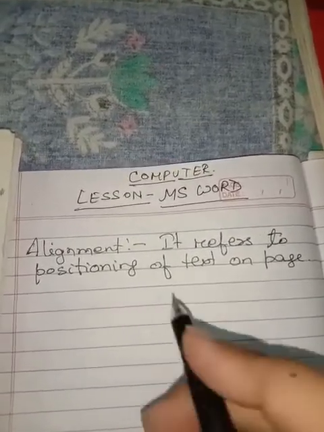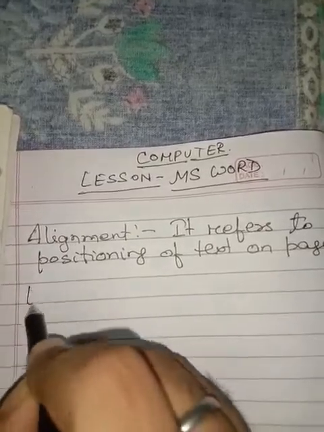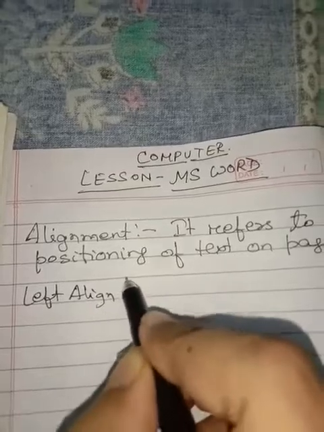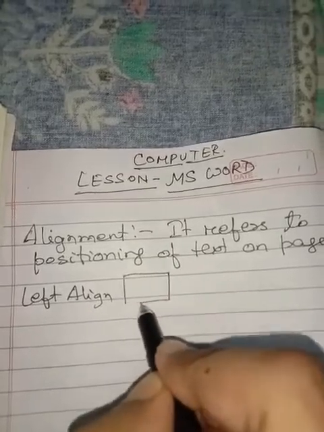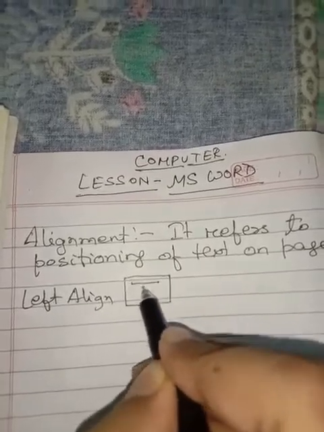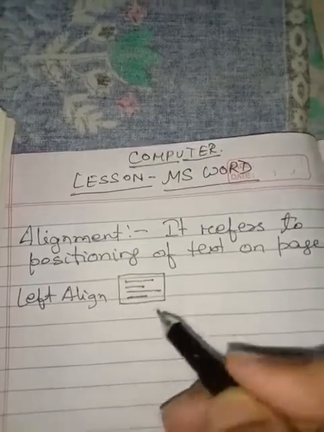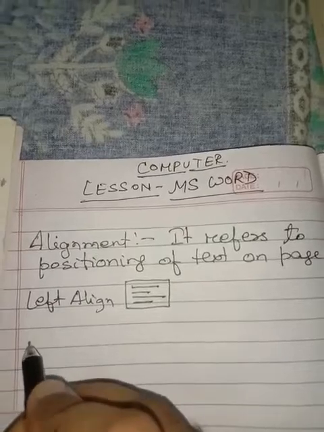There are four types of alignment. The first is left align. This is the icon of left align. Next is right align.